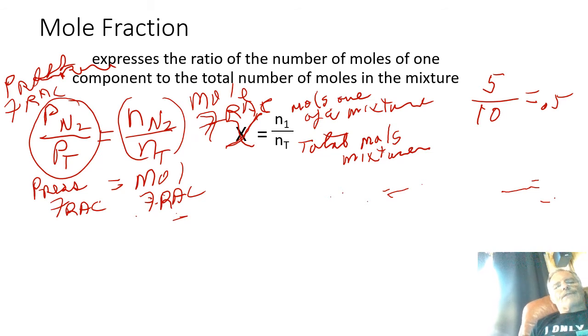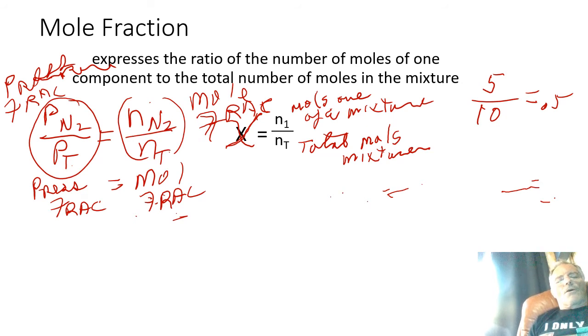So this is awfully useful for you in solving problems of a particular type. Let's say I know the number of moles of one of those gases, I know the total number of moles, I know the total pressure, and I want to know the partial pressure. Well, I can solve for the partial pressure by simply multiplying both sides by the total pressure.